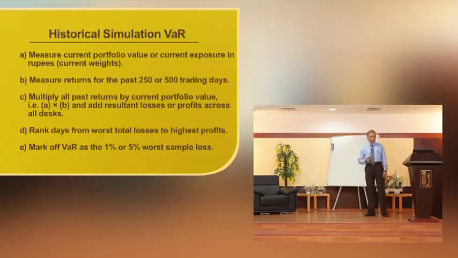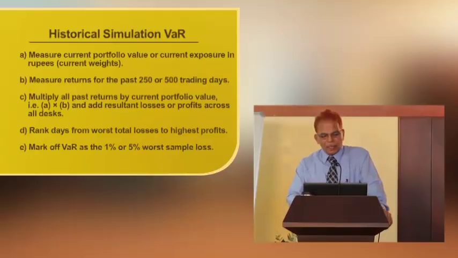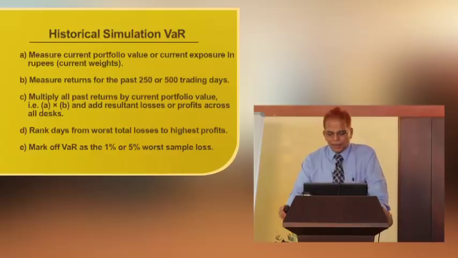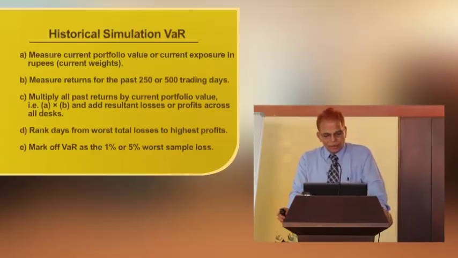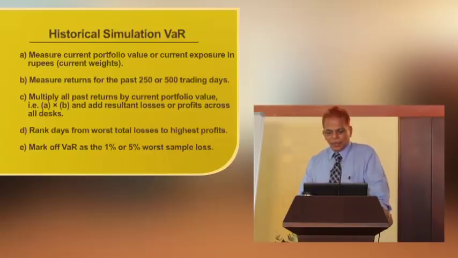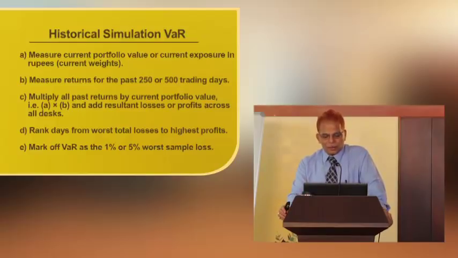So this is the methodology: measure the current portfolio value or current exposure in rupees, current weights, and measure returns for the past 250 or 500 trading days, and multiply all past returns by current portfolio value and add the resultant loss or profit across all the days. And for VAR, depending on the level of confidence we are looking for, rank all the worst total losses to the highest profit.